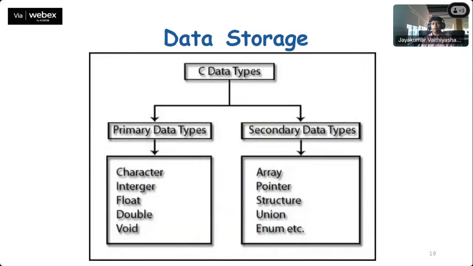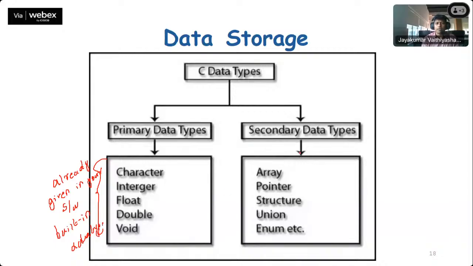Then if you are looking at data types, they are divided into two versions: primary data type and secondary data type. Primary data is already given in your software, otherwise you can call it built-in data type.